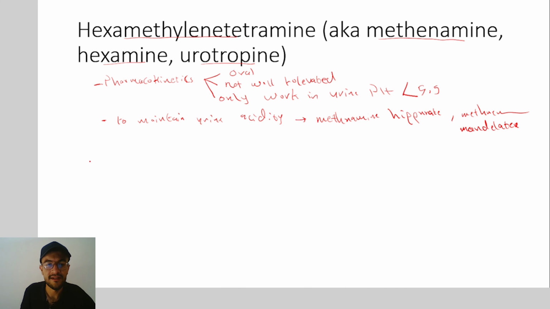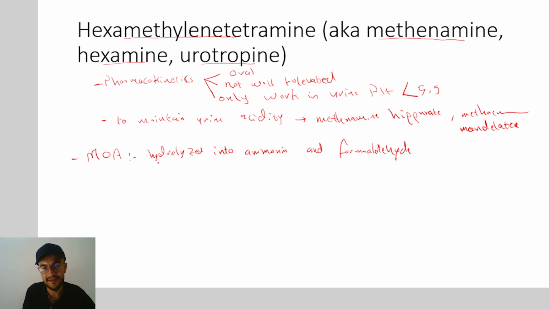Now let's talk about the mechanism of action of methenamine. Methenamine is hydrolyzed into ammonia and formaldehyde, and it is hydrolyzed only in acidic urine.